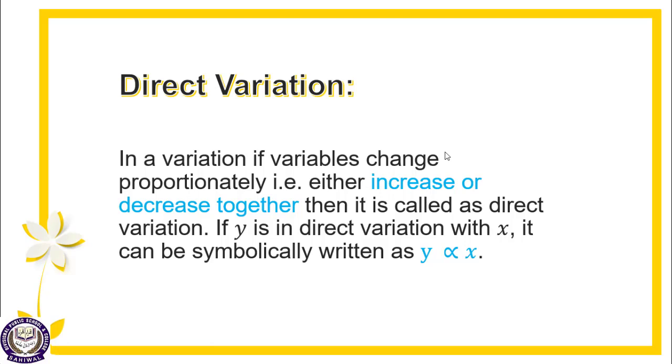Such relation is called direct variation. If y is in direct variation with x, it can be symbolically written as y is directly proportional to x, or we can say that y varies directly with x. This symbol is called the sign of proportionality.